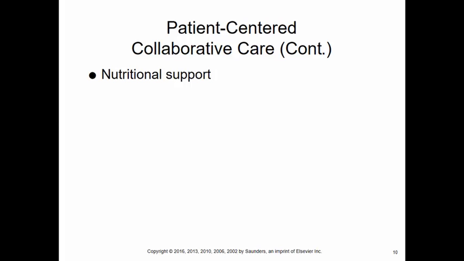Nutritional support is going to be very important, like I discussed, especially if we're talking about radiation to the head, throat, neck, upper chest. That could cause some problems with difficulty swallowing and lead to malnutrition.